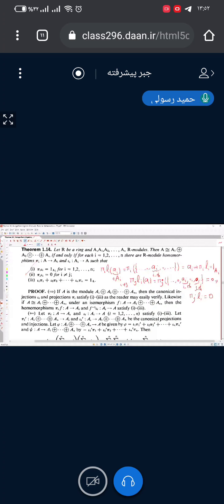Likewise, if A is isomorphic to A_1 plus dots plus A_n under an isomorphism f, then the homomorphisms p_i f and f inverse L_i satisfy 1, 2, and 3.